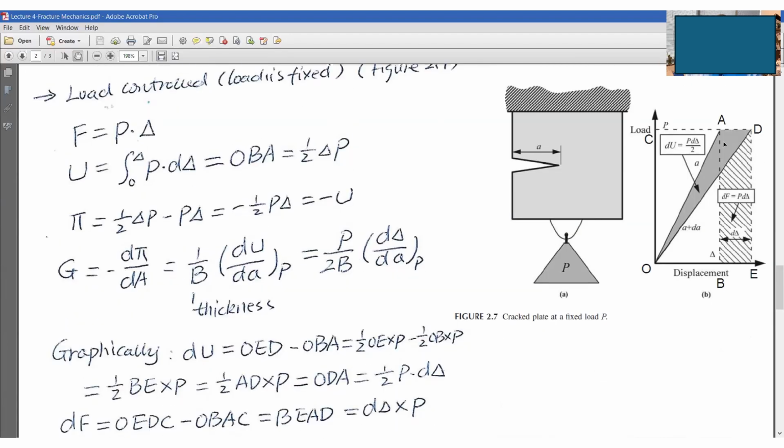So look at this one. This guy minus this guy gives us 1/2 BE multiplied by P. So this is a triangle.